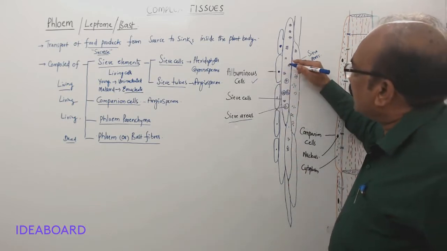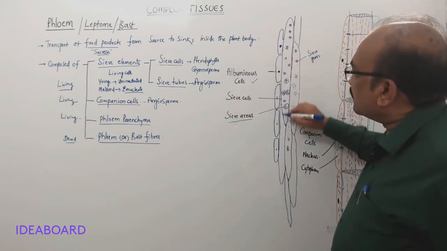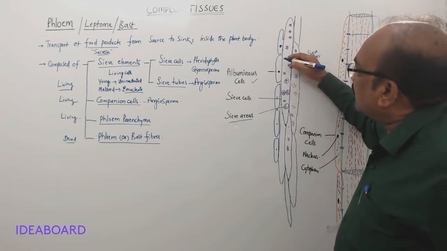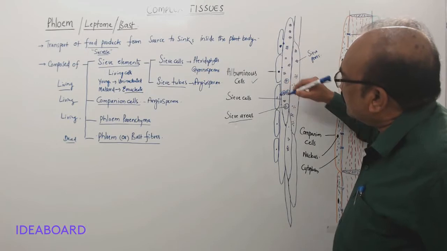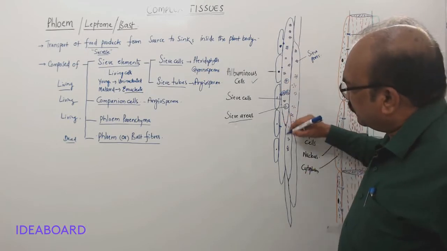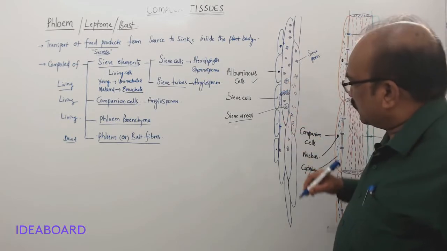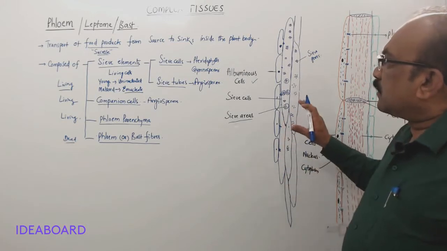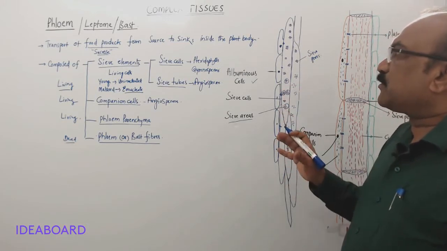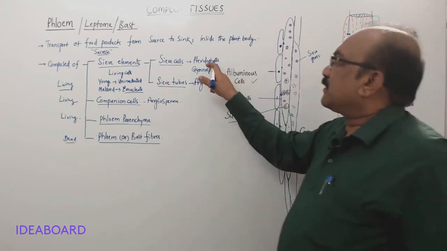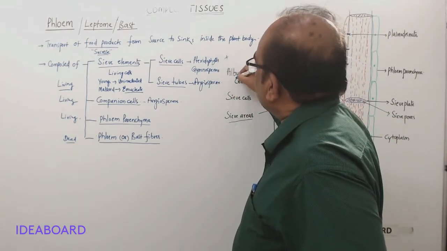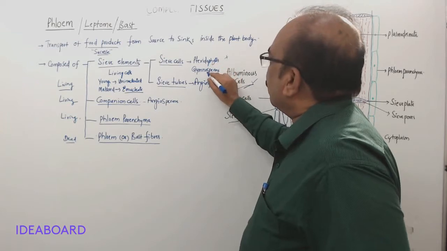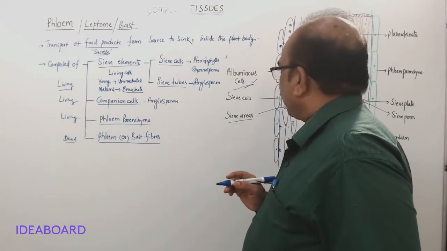You can see these albuminous cells are present by the side of these sieve cells, and they are connected through plasmodesmata. So, sieve cells plus albuminous cells are present in pteridophytes and gymnosperms.